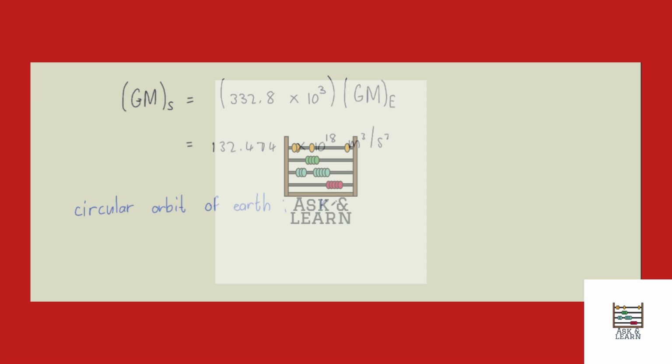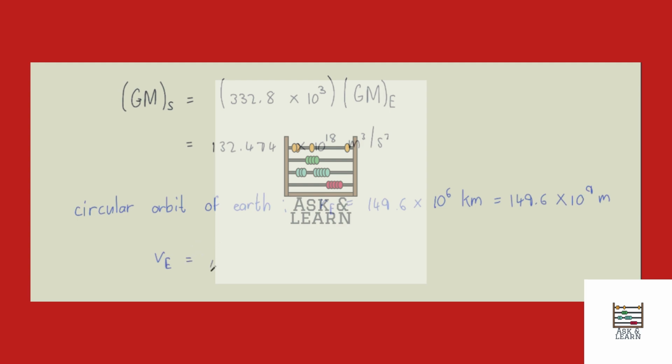So the orbit of the Earth from the center of the Sun is at 149.6 times 10 to the 6 kilometers, which is 149.6 times 10 to the 9 meters. And so what we'll do here is calculate the speed of this orbit, VE.